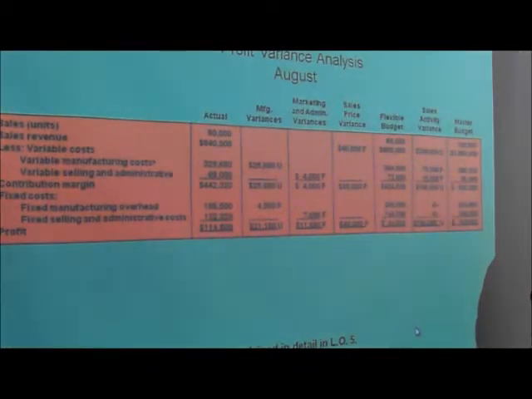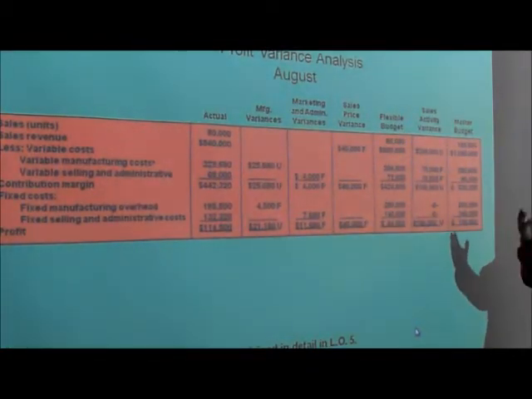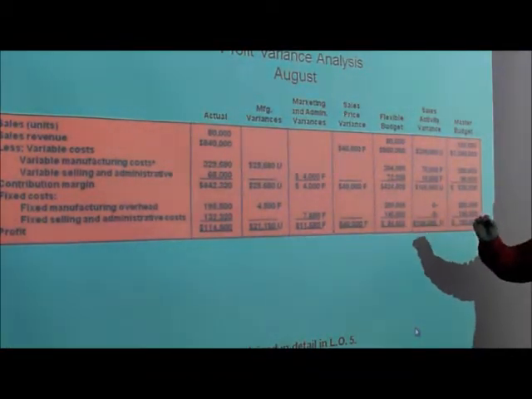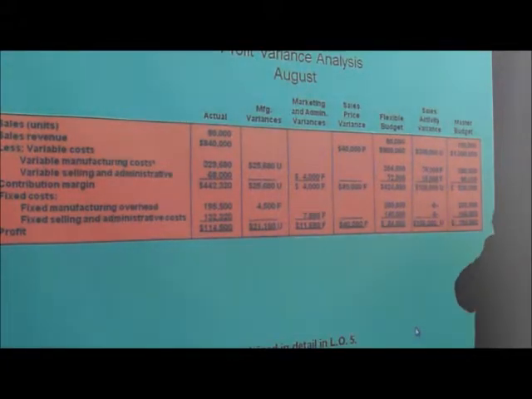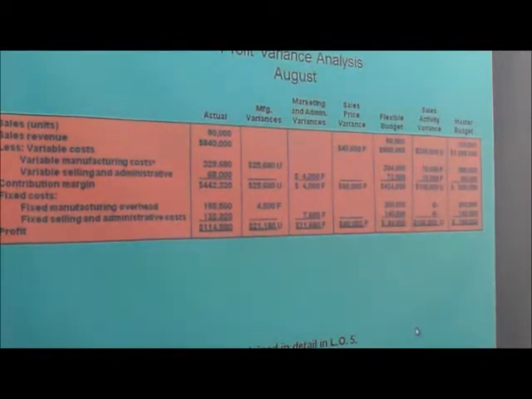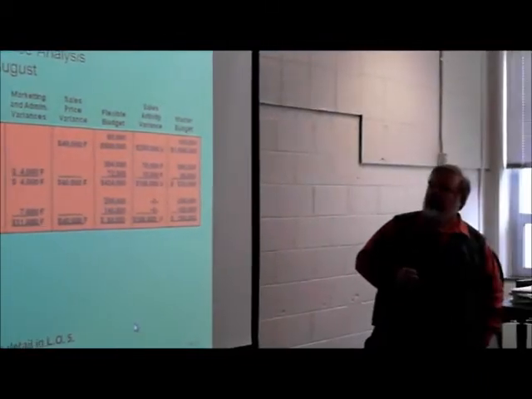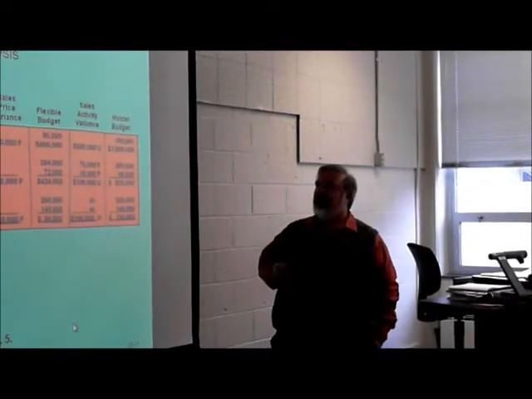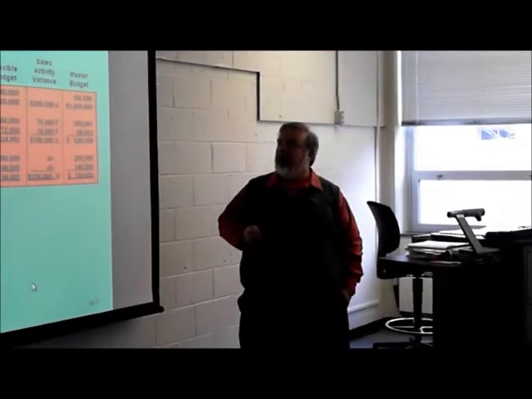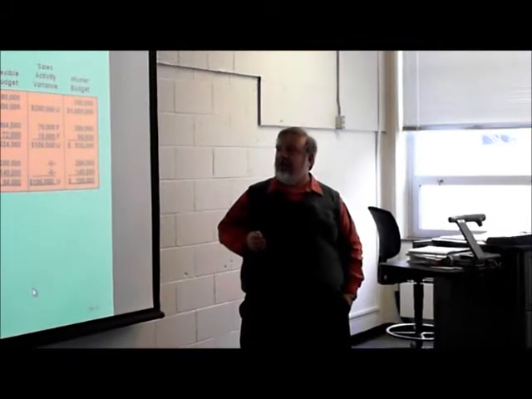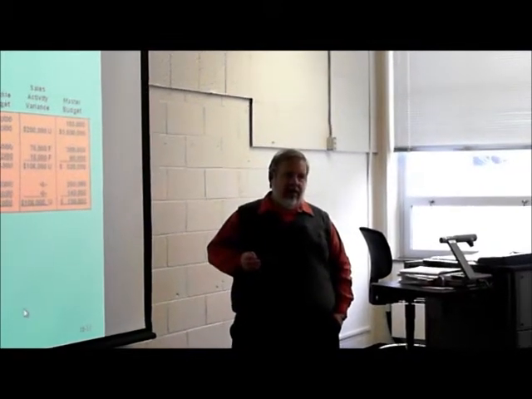That's going to be your variable manufacturing cost. Notice that under fixed cost, you've got your fixed overhead there. Remember, everything we've made, I know you're tired of me saying it, materials, labor, overhead. So we're going to break down that variable manufacturing cost. Overall, we got an unfavorable manufacturing variance there of $25,680.